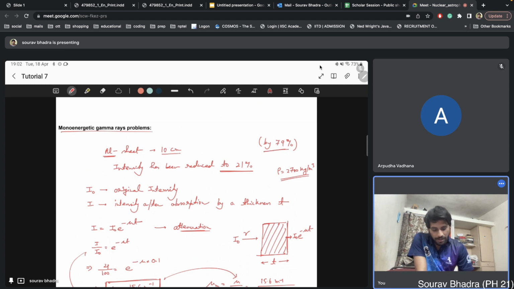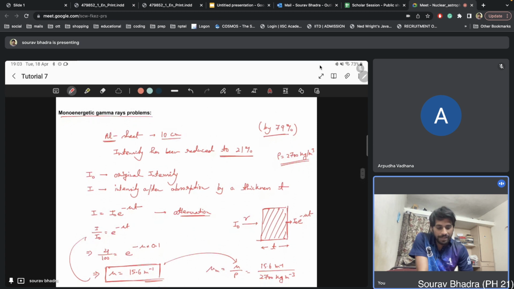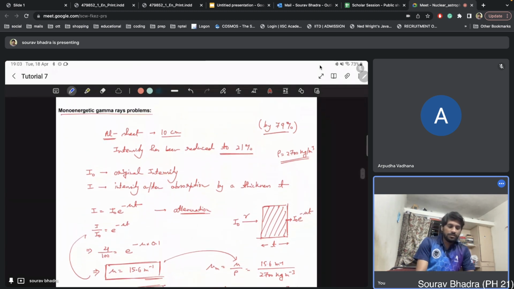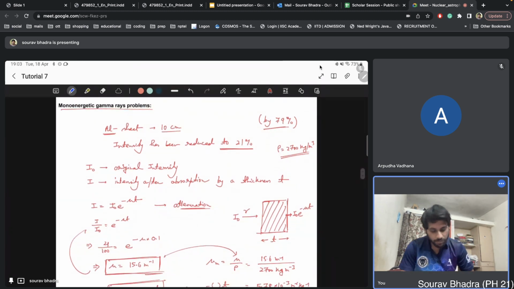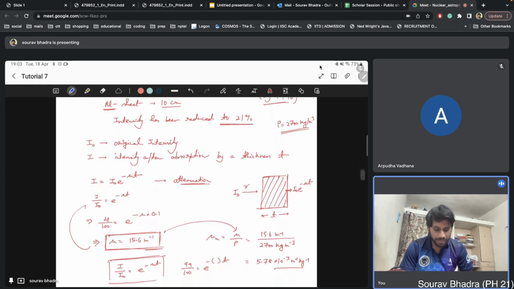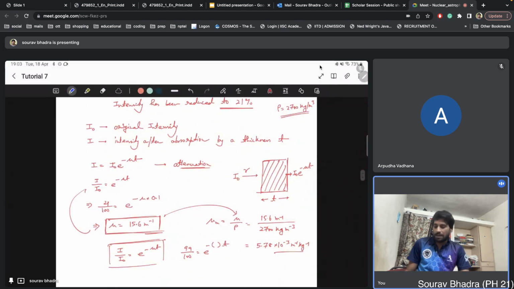Otherwise, if I had started by saying reduced by 21%, no problem, in that case I by I0 would be 79 by 100, and you would get the value of mu that way. That was the main motivation of doing that problem: how we choose the backing material according to the linear absorption coefficient and mass absorption coefficient.